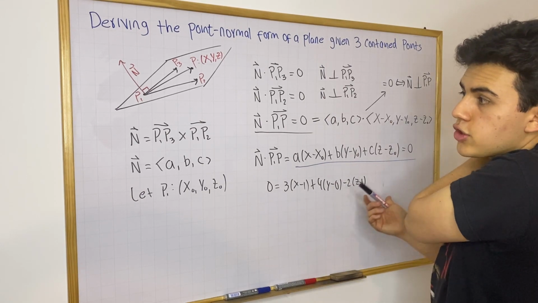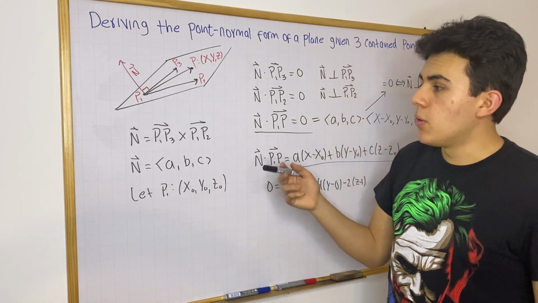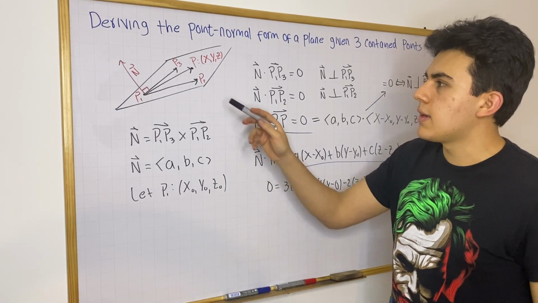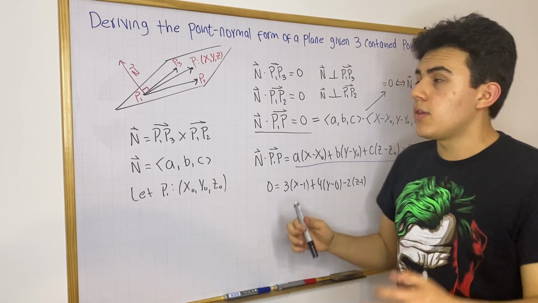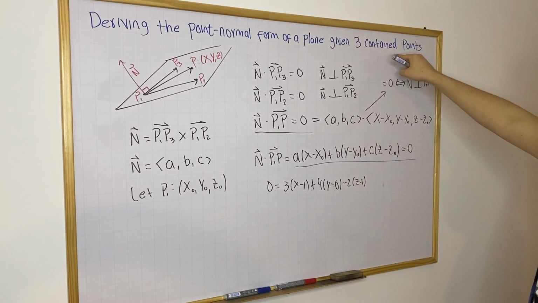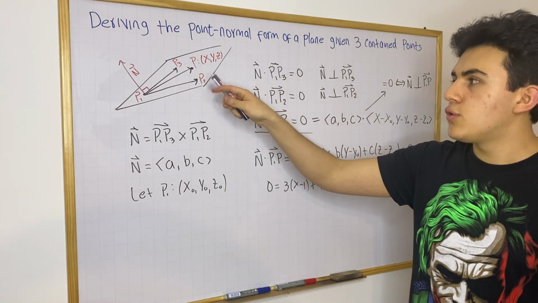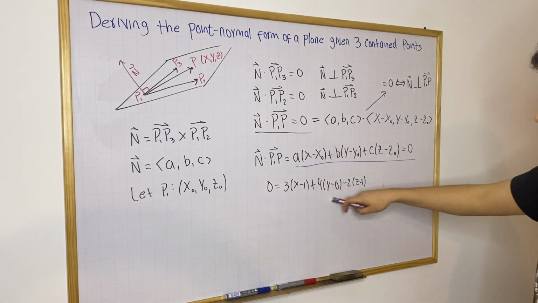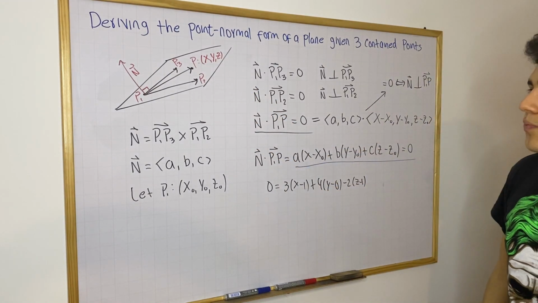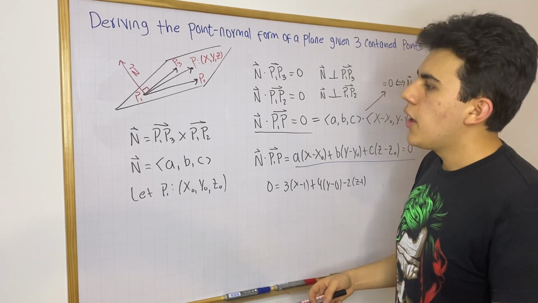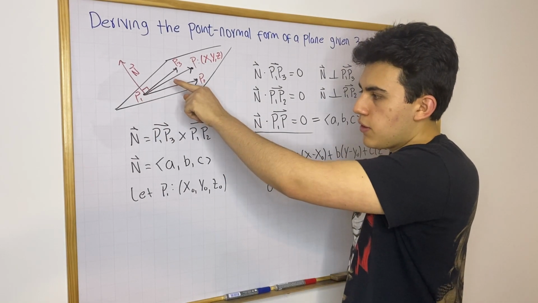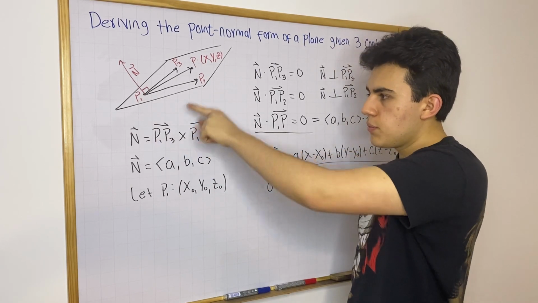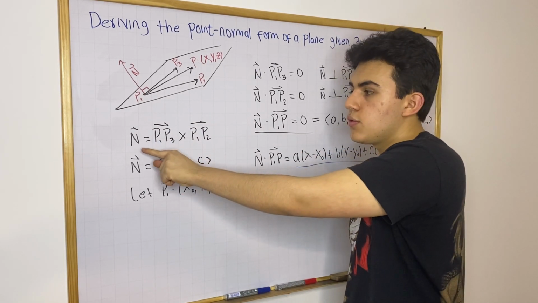A lot of times you will just be given n, and you won't know anything about P3 and P2, but sometimes you will be given 3 points, which is really what we started with, and you're supposed to use this reasoning to get to the equation of a plane, okay? So if you have 3 points, you just need to find a vector from P1 to P3, then find a vector from P1 to P2, and take the cross product between those two vectors.